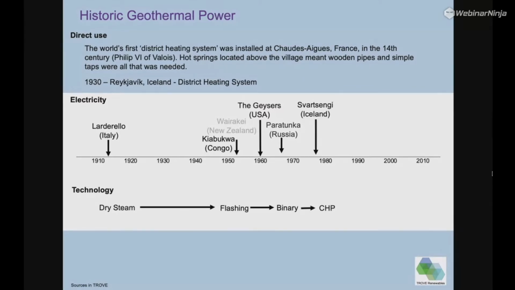The first combined heat and power plant is in Iceland. This is basically a power plant whose waste heat was used in a district heating system to heat homes. And then more recently, technology has advanced to enhanced geothermal systems, and we'll be talking about Soultz in France in a bit more detail later.